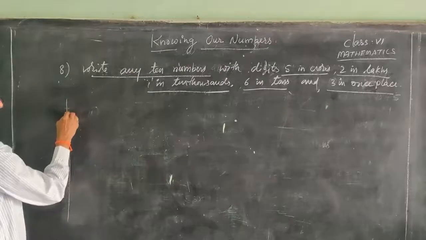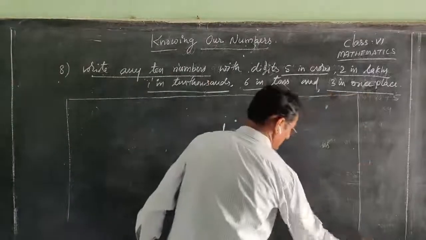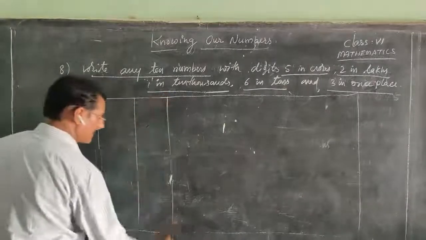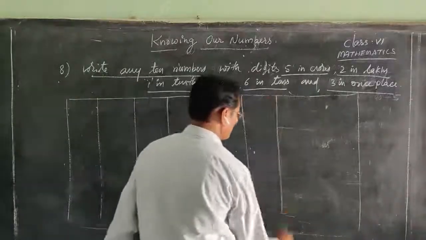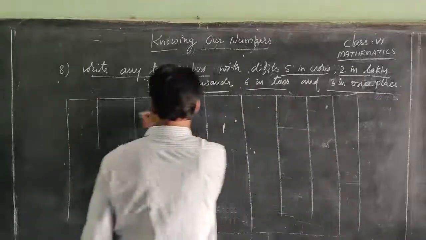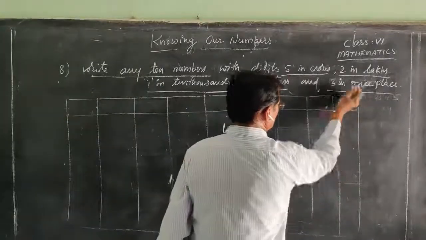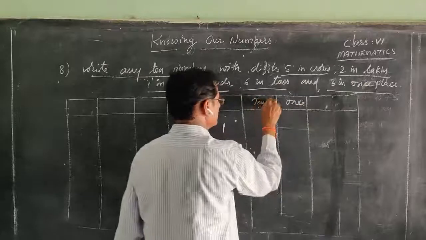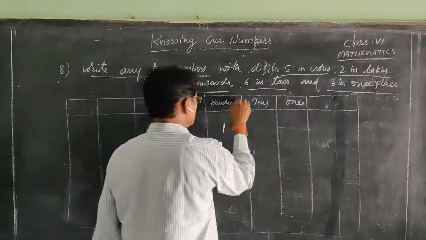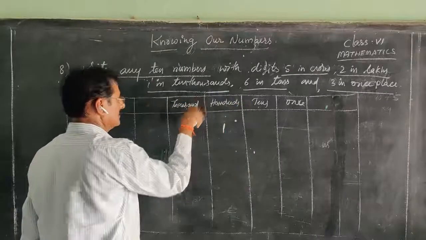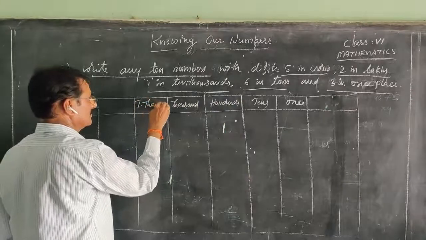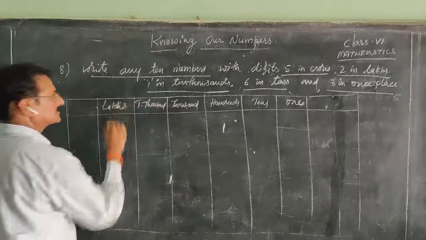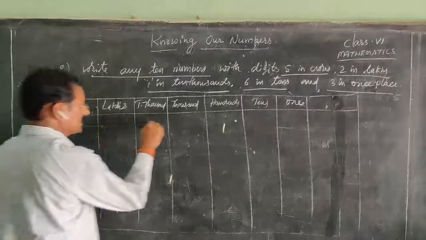You prepare a small table like this. Above, leave space for the numbers.